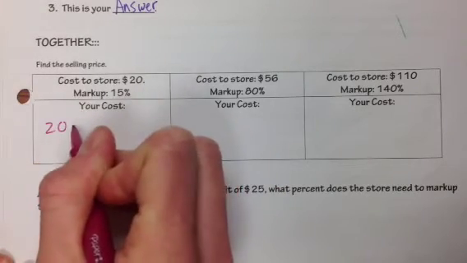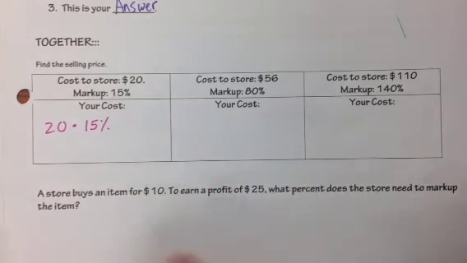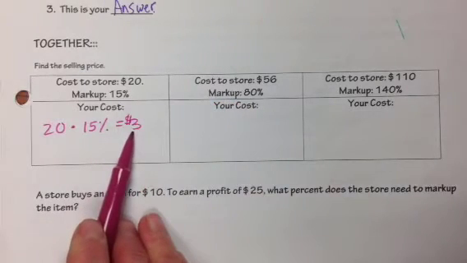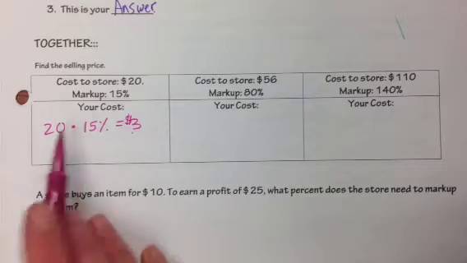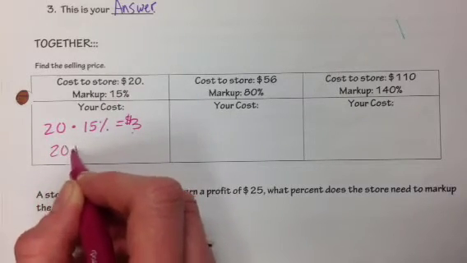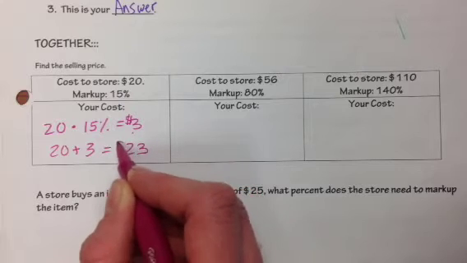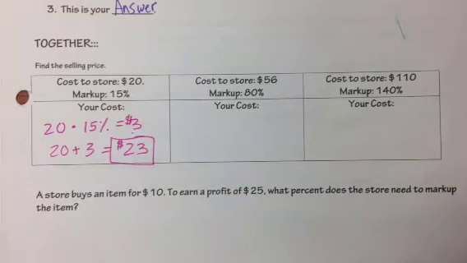We're going to take 20 and times it by 15%, or 0.15, and that's going to give us $3. And so in other words, they're marking it up $3, so they're going to make $3 off of you. And to make $3 off of you, they have to take their cost of $20, add $3, and so the total amount that you're going to pay is $23.